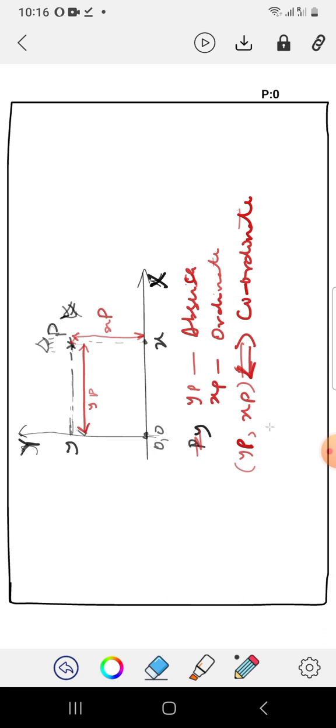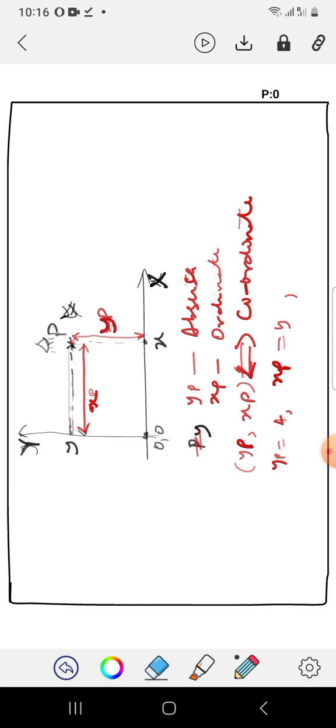So let's assume, let's say YP is a 4 and the XP is a 5, then our coordinates is going to be... oh sorry, this is actually XP and this is YP.